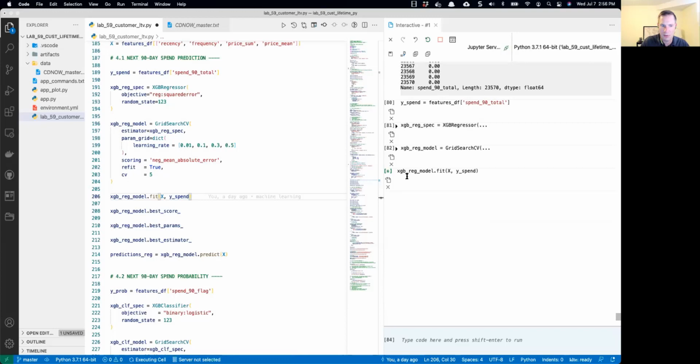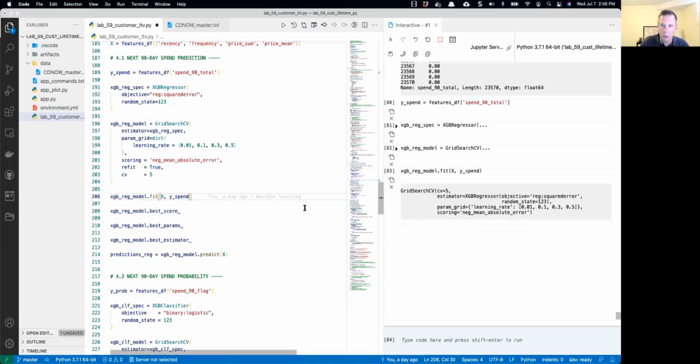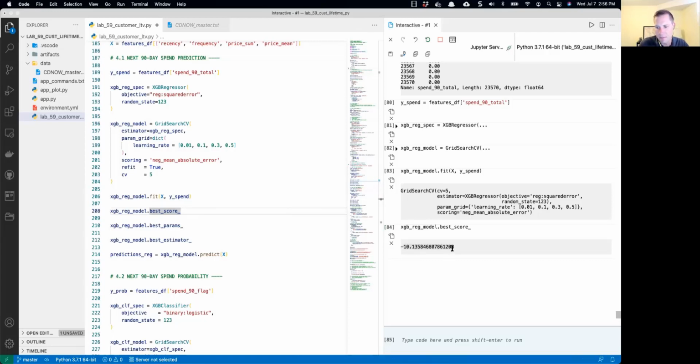So it's going to take a few seconds to run, and it looks like it's just finished up. We've got now a best model, and that's what we'll evaluate. For this XGB regression model that we just created, first we're going to check out what the best score was. This is a negative mean absolute error, so you want a lower magnitude value.